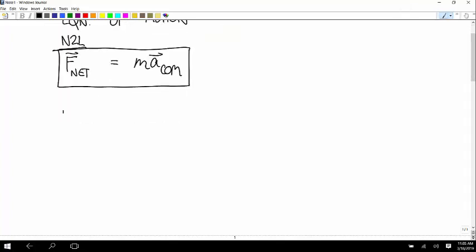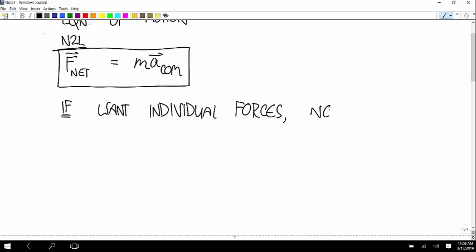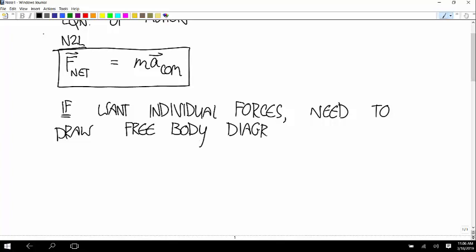So if we want to know individual forces, which is normally the case, we need to draw what's called a free body diagram, FBD.